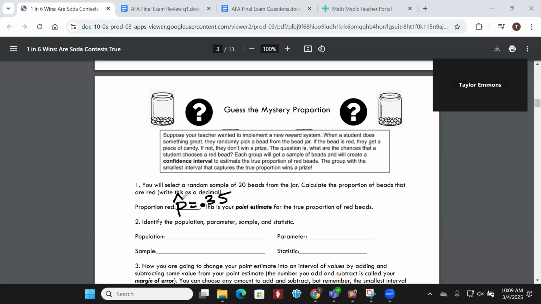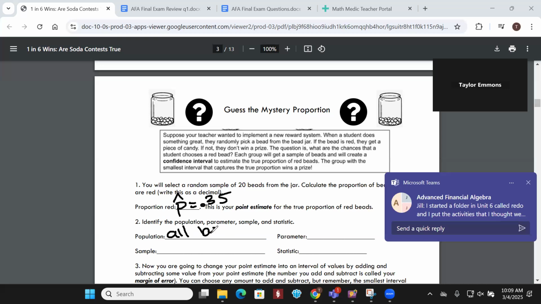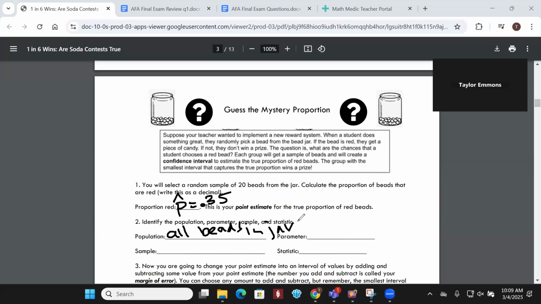So what's the population? All the beads in the jar, right? What about the parameter? The true proportion, so p is equal to the true proportion of red beads.